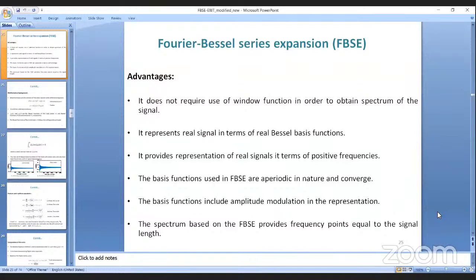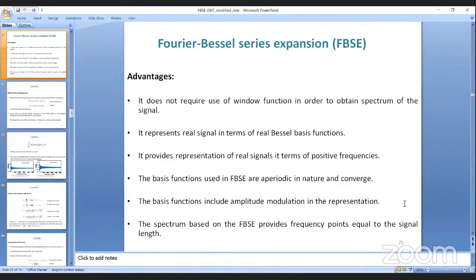And here the basis functions that we have used in Fourier-Bessel series expansion are aperiodic in nature and converge with time. On the other hand, if you see the Fourier transform, these basis functions are periodic and they don't converge. And the basis functions that we use in the FBSE method include amplitude modulation in the representation, because the Bessel functions decay with time.